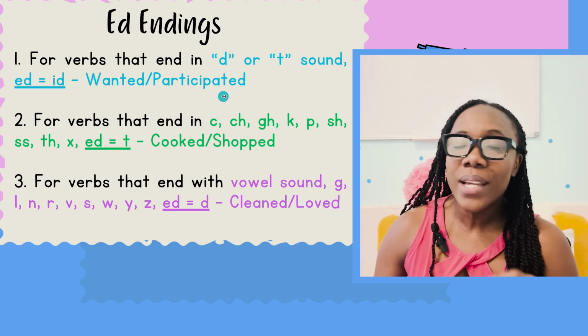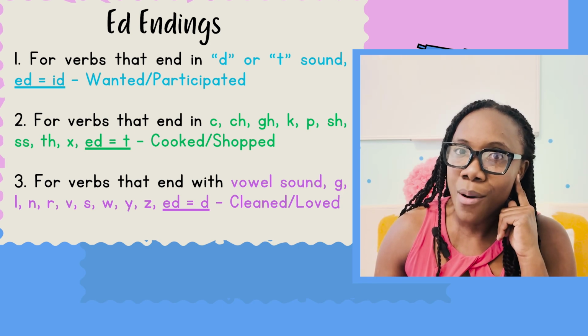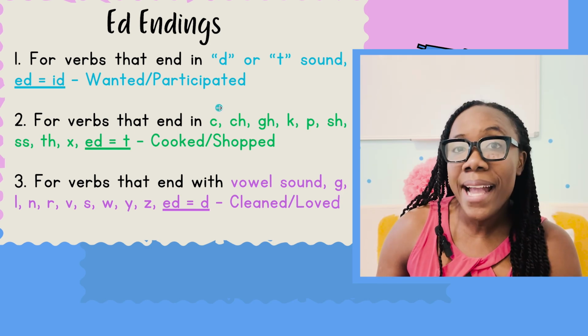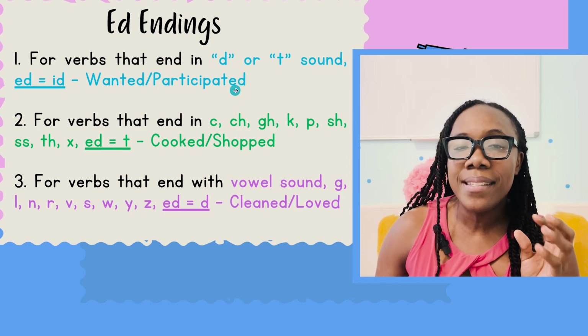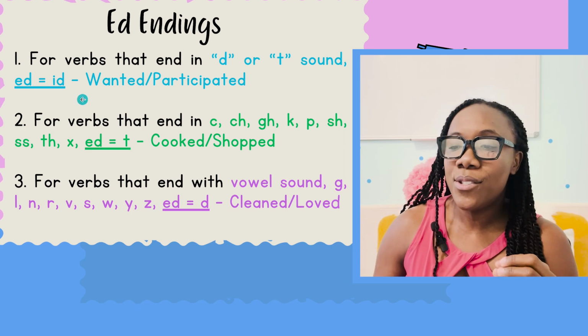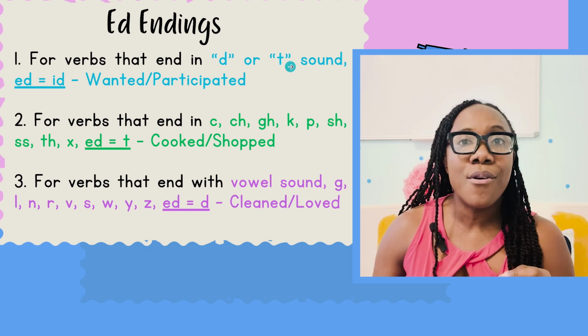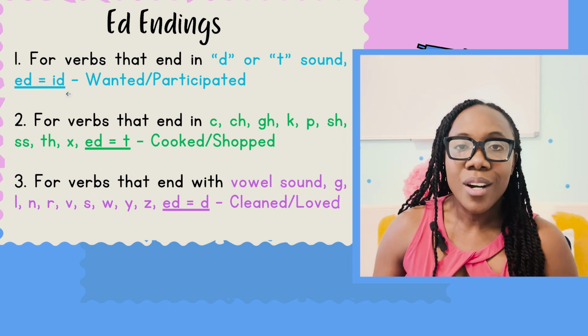So you're not just looking at the final letter, you're listening for the final sound. In participate, that last sound is a T sound, participate. And so, because it has a T sound, the past tense of participate is participated.